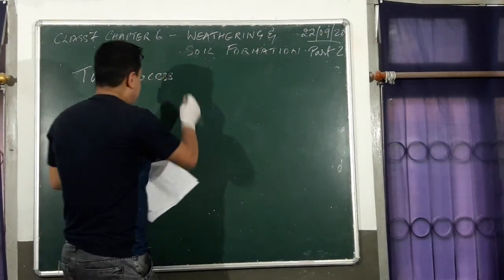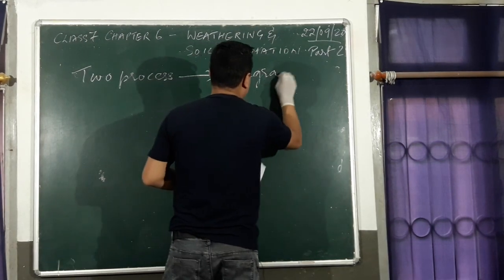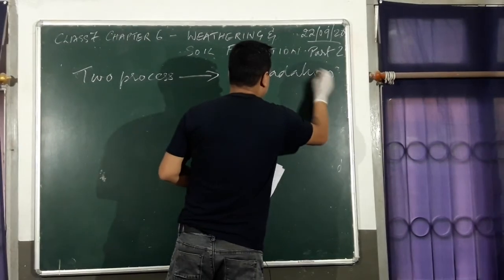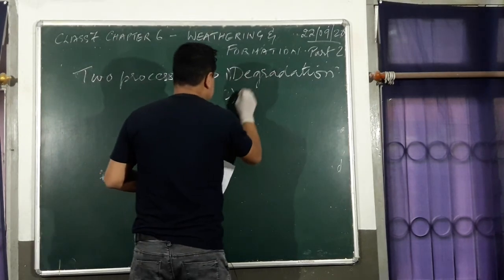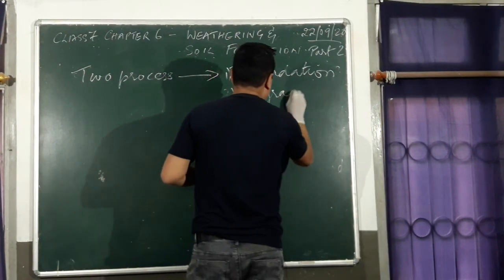These two processes are known as, number one, degradation, D-E-G-R-A-D-A-T-I-O-N. Number two is aggradation, A-G-G-R-A-D-A-T-I-O-N.